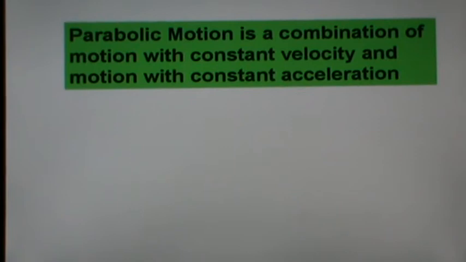So again, we can say that parabolic motion is a combination of motion with constant velocity and motion with constant acceleration.